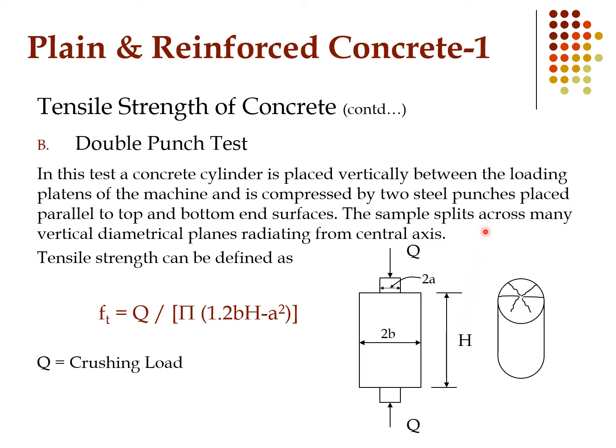The sample will split across many vertical diametrical planes radiating from the central axis. So tensile strength can be determined. Ft is Q over pi into (1.2 b h minus a squared). Q is the crushing load, h is the height of the cylinder, and 2a is the diameter of the steel punch.